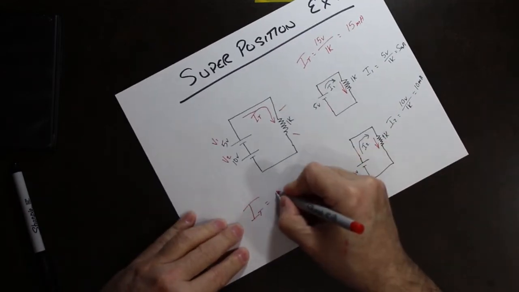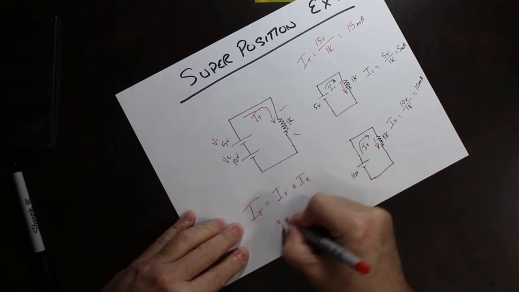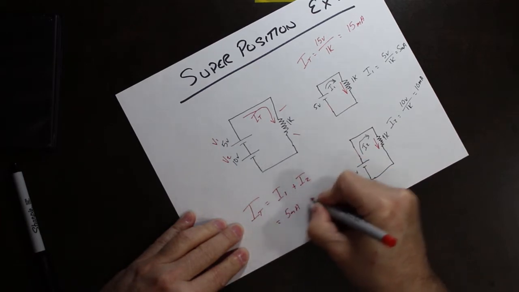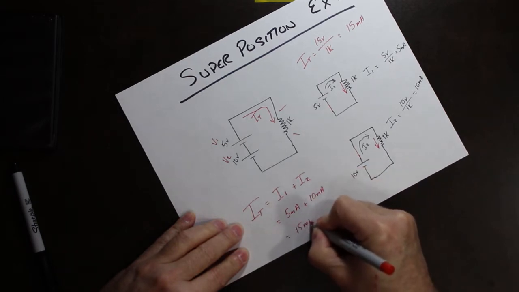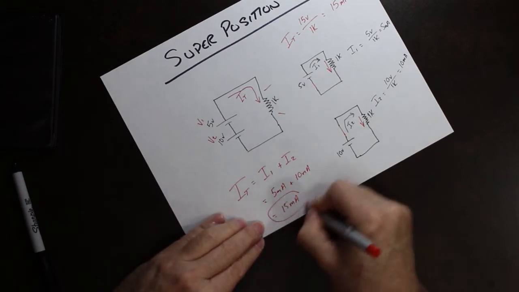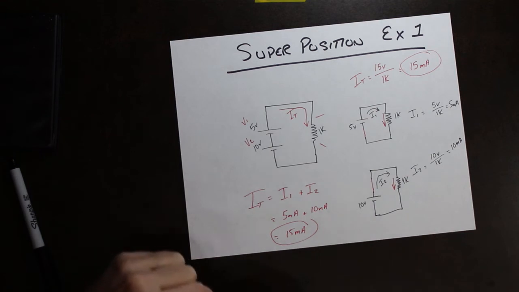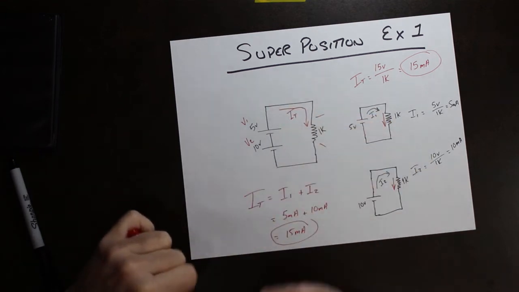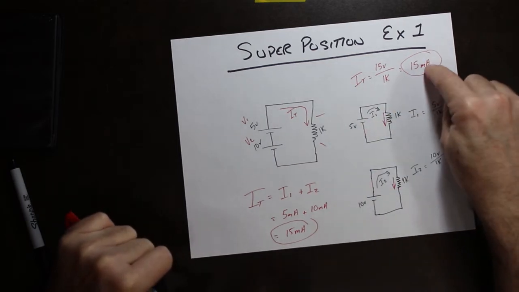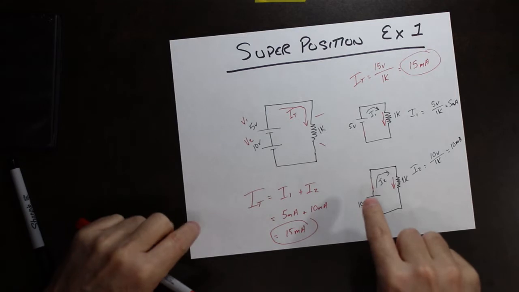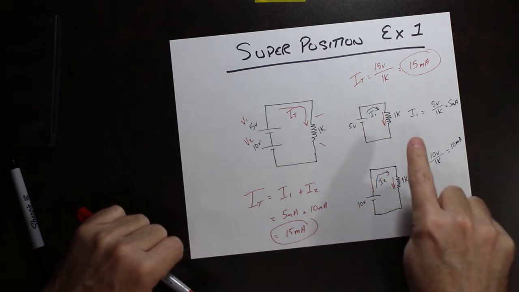So in this example, it is I1 plus I2, which is 5 milliamps plus 10 milliamps, equal to 15 milliamps. When we pop two batteries into a flashlight, we know the voltages add up and the currents add up. But when we break it down through superposition theory, this is what's actually happening.